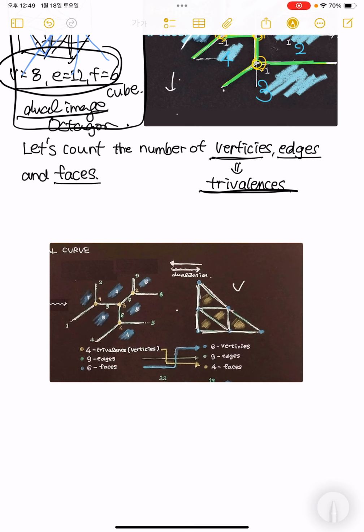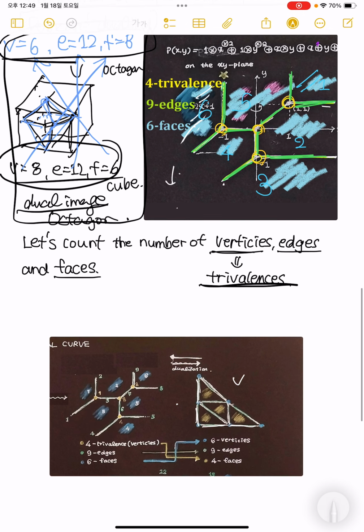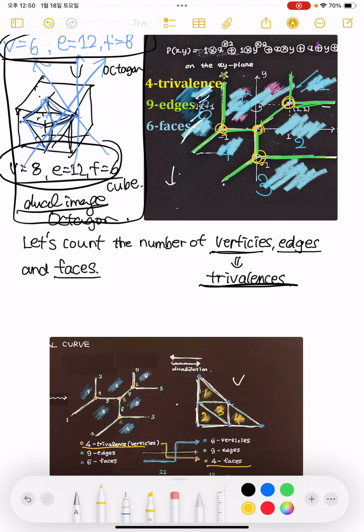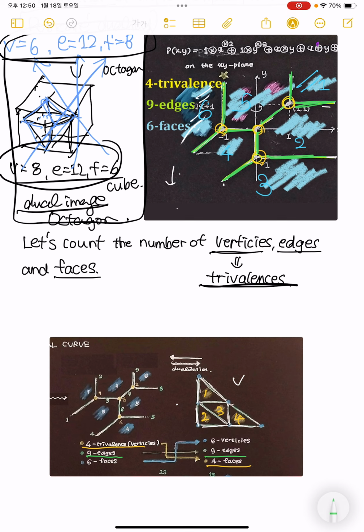As you know, for the trivalents, if we think about the dual image, there are 4 faces, and edges, just edges, 1, 2, 3, 4, 5, 6, 7, 8, 9.